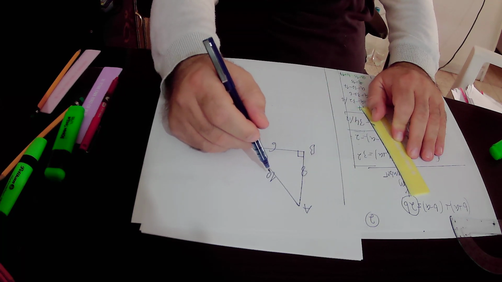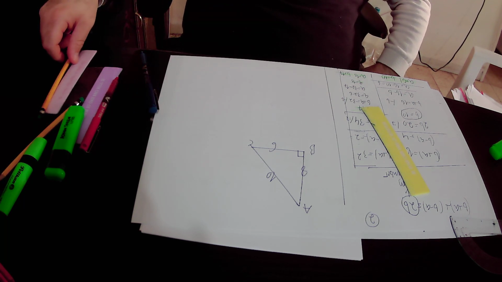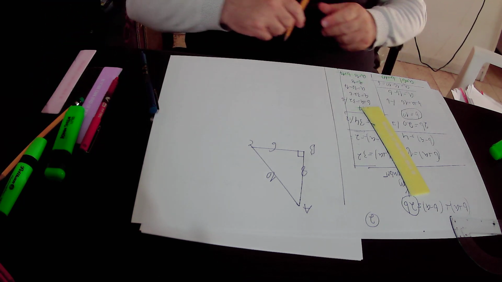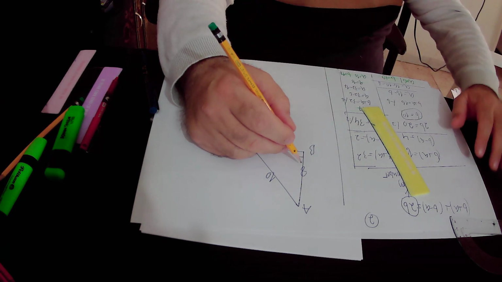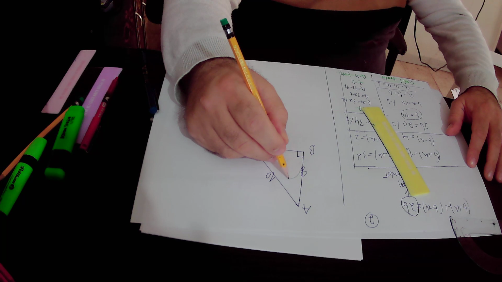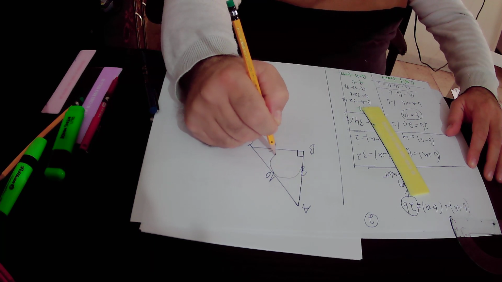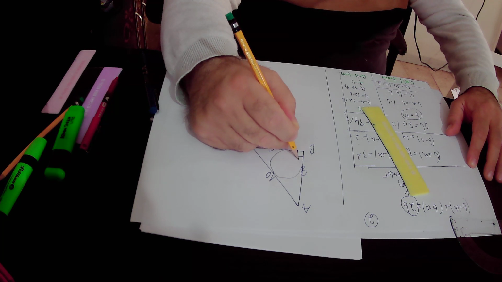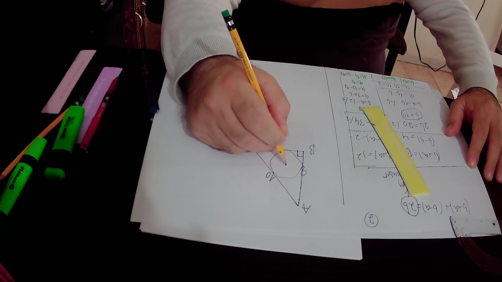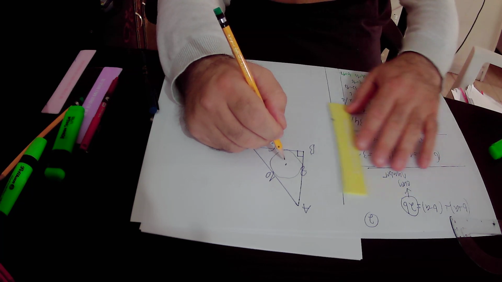And inside this triangle ABC, according to what is given in the question, we have this circle that is inscribed in triangle ABC, and we are looking for the radius of this circle.